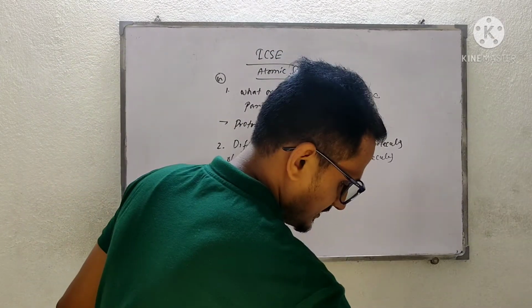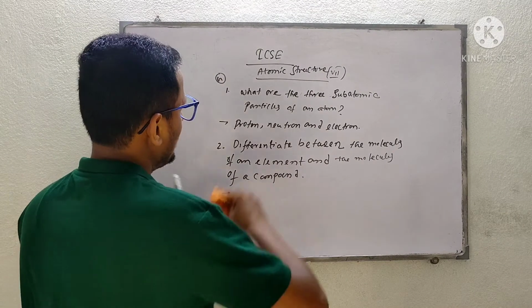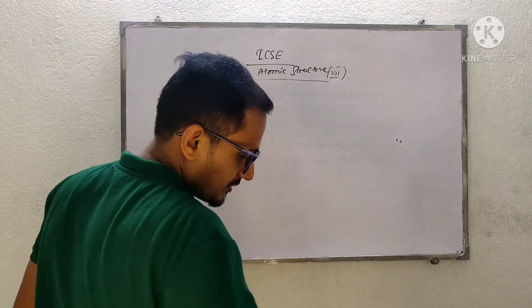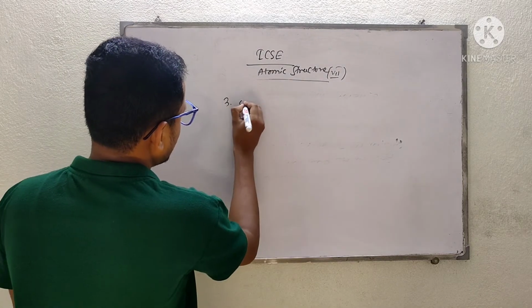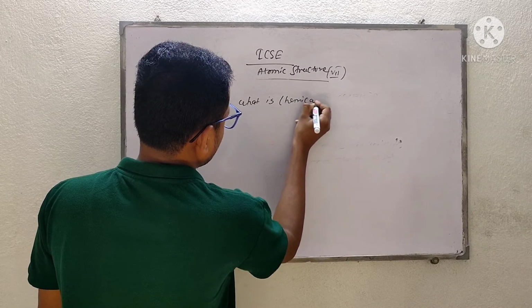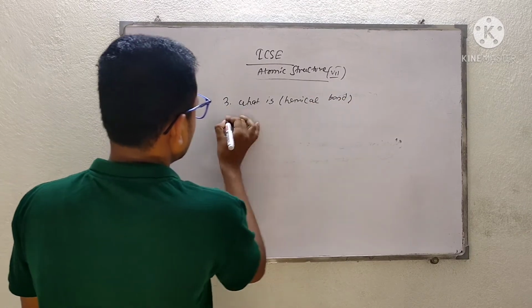Now next see. What is a chemical bond? Now chemical bond means it is an interaction. What is chemical bond?